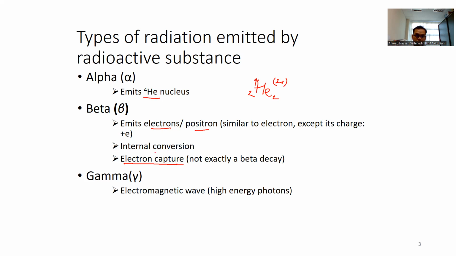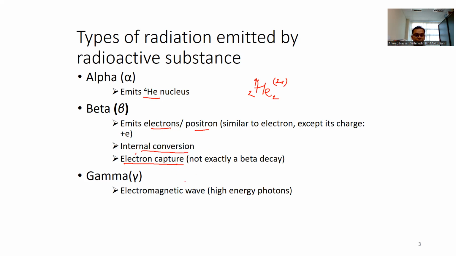Doesn't matter. Another one is internal conversion. This is also like electron capture, so it is ambiguous whether to put it under beta decay or not. It doesn't matter where you put it.